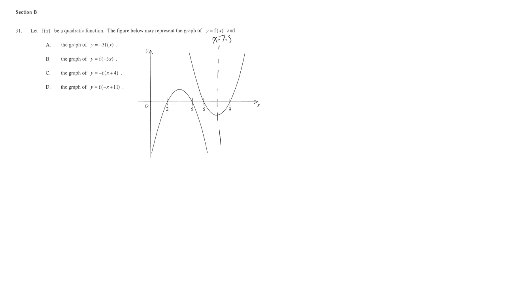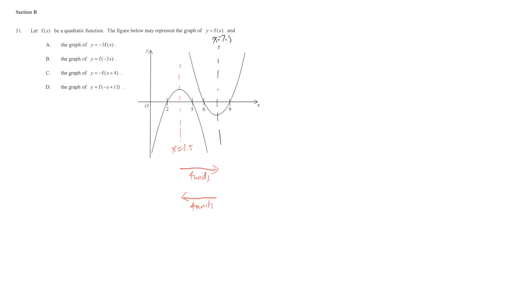And another line here, the middle between 2 and 5, x is equal to 3.5. So from this transformation, maybe it moves from the left hand side to the right hand side by 4 units. Or in reverse, maybe it moves from the right hand side to the left hand side by 4 units.